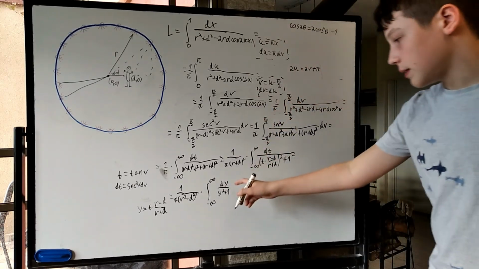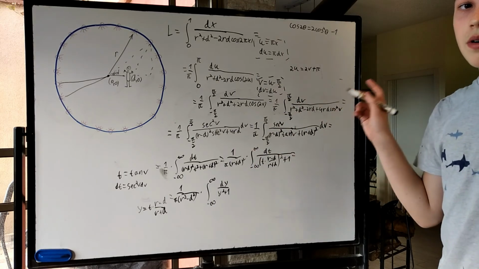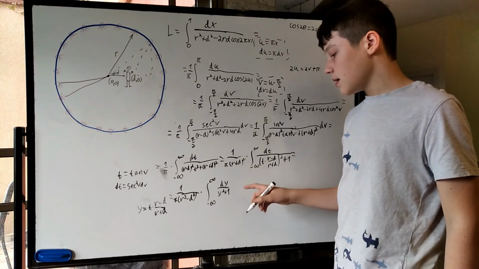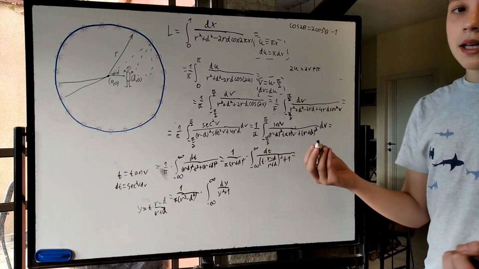This is precisely now the derivative of arctangent y, this thing inside, and so the integral of this will just be arctangent y.